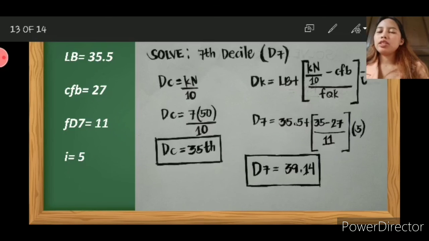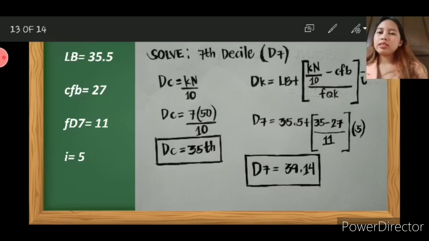This 50 is the total frequency. Over 10, because for decile we divide it into 10 groups. So the answer is 35. This is not the final answer. So we will now move on.